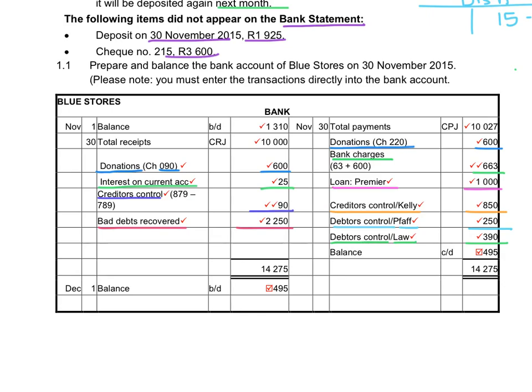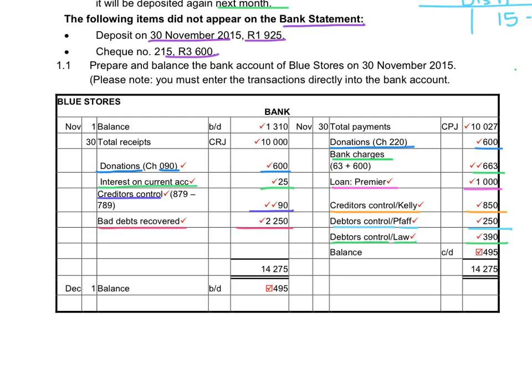And if the bank must still record entries in the future, it will be recorded in the bank reconciliation statement. So you always have to determine, must I record this entry in the bank account because we still have to do it, or must we record it in the bank reconciliation because the bank must still do it in the future? After we've done that, we will balance our bank account to determine the balance so that we can see if our books will now reconcile.